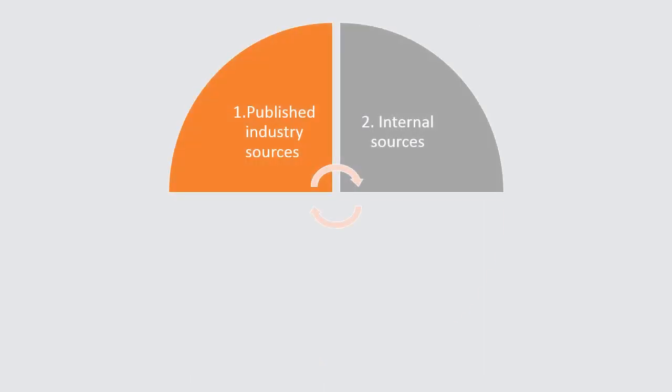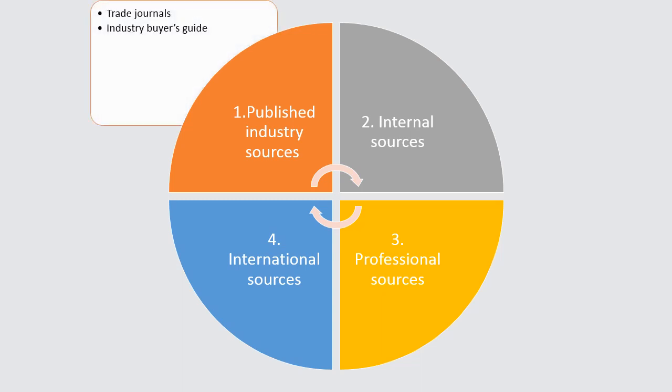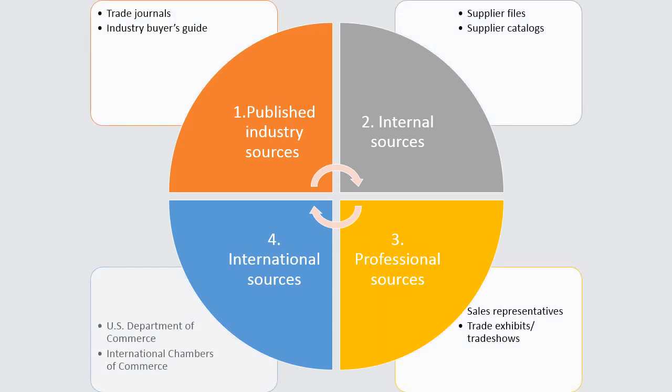One, published industry sources: trade journals, industry buyer's guides. Two, internal sources: supplier files, supplier catalogs. Three, professional sources: sales representatives, trade exhibits and trade shows. Four, international sources: U.S. Department of Commerce, International Chambers of Commerce.